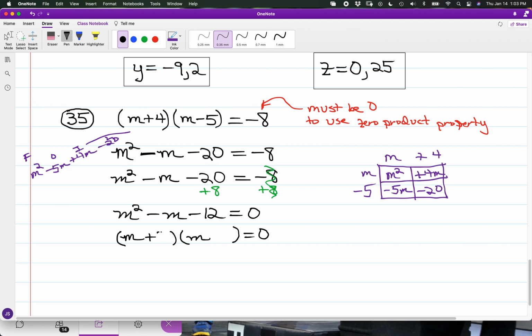On the side of addition we have 3, and on the side of subtraction we have minus 4. So we have m plus 3. Again, you have m squared minus 4m plus 3m is going to be negative m, and 3 times negative 4 is negative 12. And so we take each of the factors and set to 0.